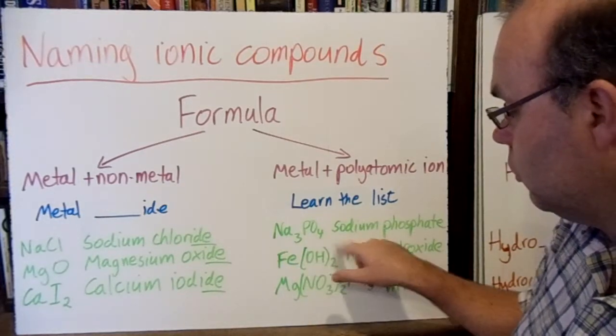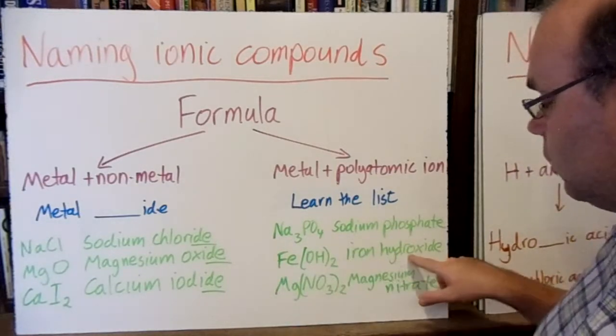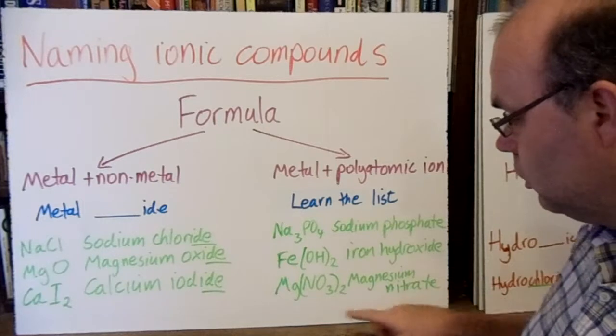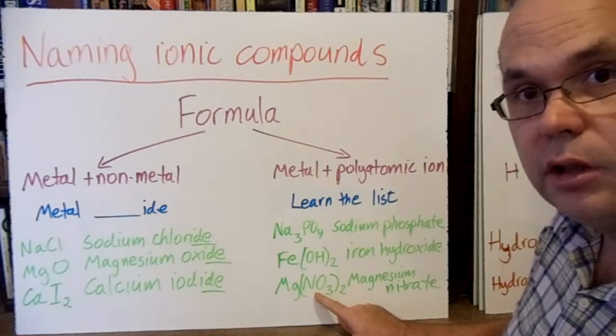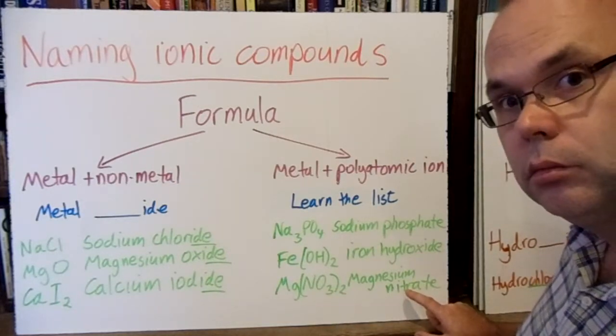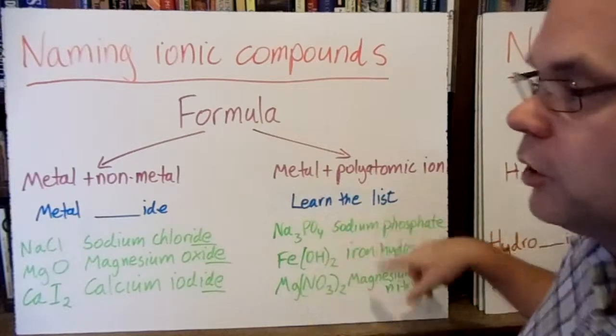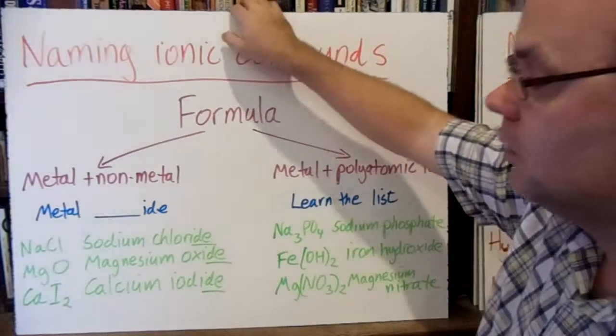OH, hydroxide. So iron hydroxide. Mg, magnesium again. NO3 is nitrate. Magnesium nitrate. So whilst these are really more complicated, once you've got the list of polyatomic ions, they're easy.